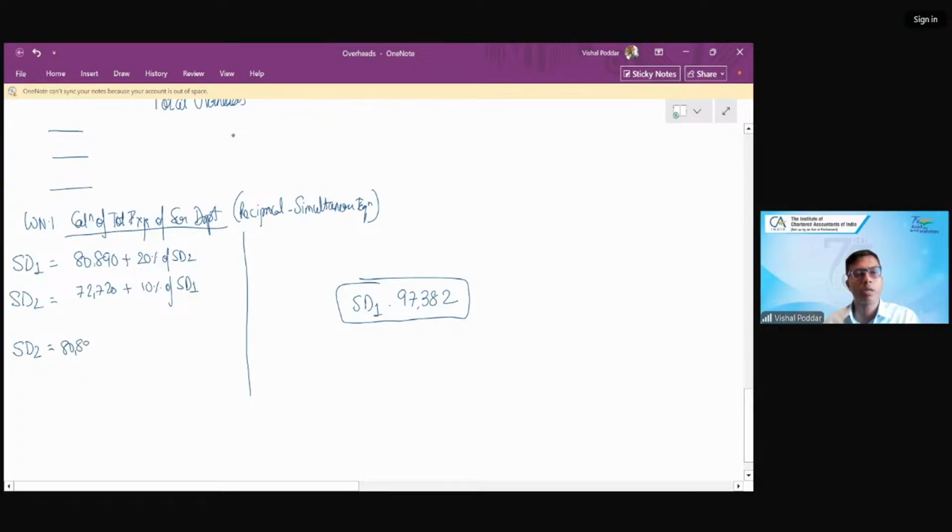Now when I solve SD2, it is 80,890 plus 20% of 144... 4, correct, plus 0.02 SD2. Sorry, this is SD1.